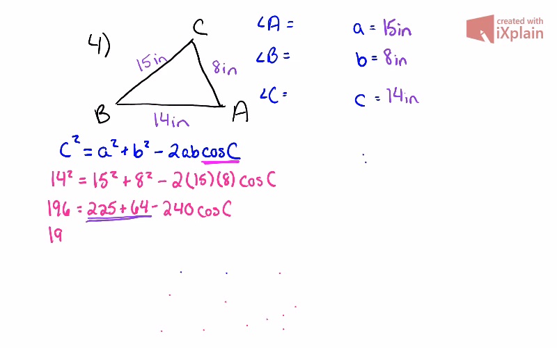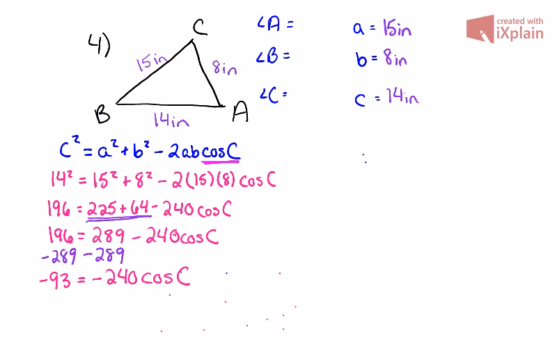And I get 196 is equal to 225 plus 64, which is 289, minus 240 cosine C. I'm going to get the cosine term by itself by subtracting 289 from both sides. Go to 196 minus 289, and I get negative 93 is equal to negative 240 cosine of C.